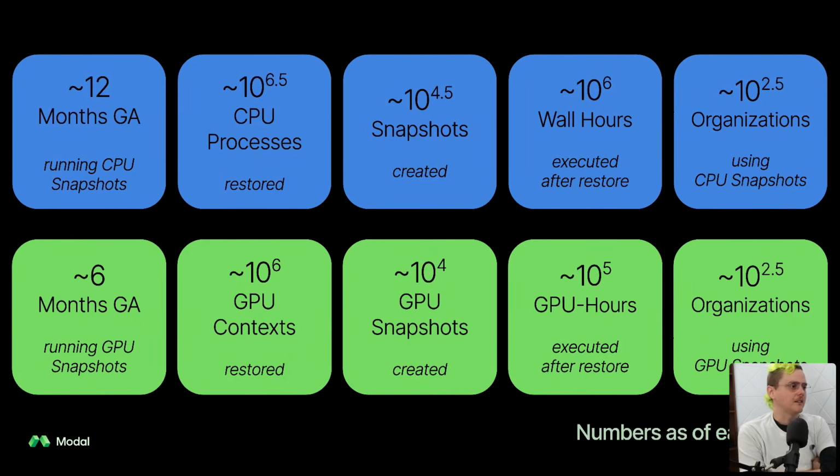And that has led to the restoration of on the order of 100,000 GPU contexts across on the order of 10,000 GPU snapshots, for a similar number of different folks, a couple hundred different organizations. And these are all numbers from maybe 1 to 2 months ago.